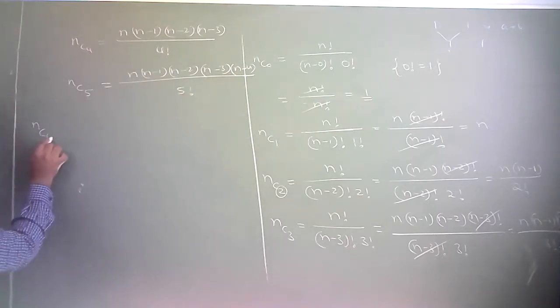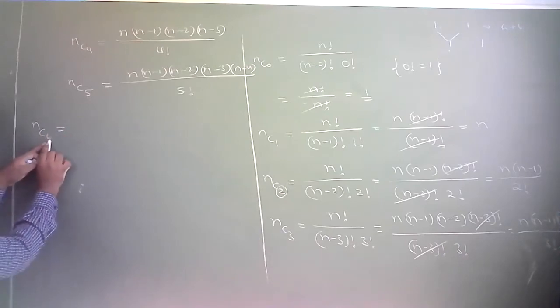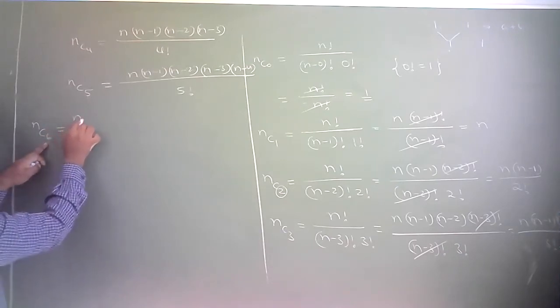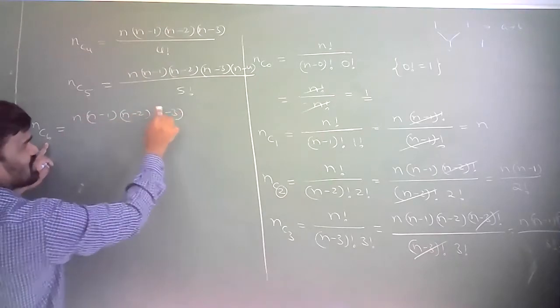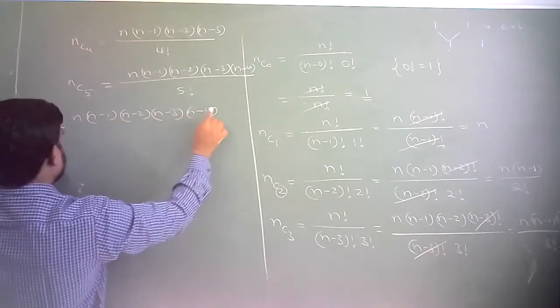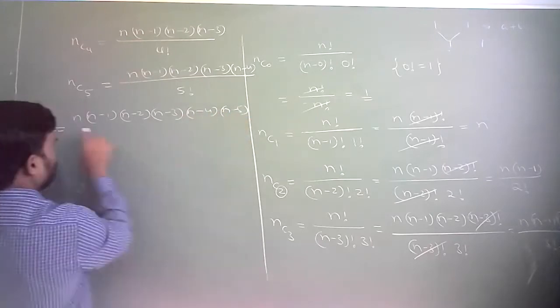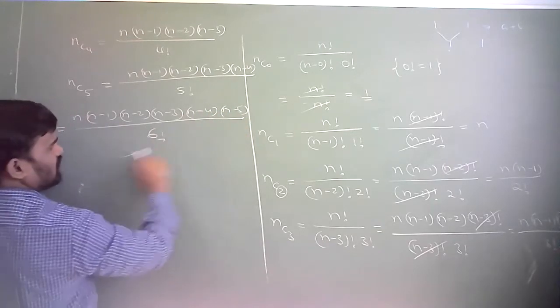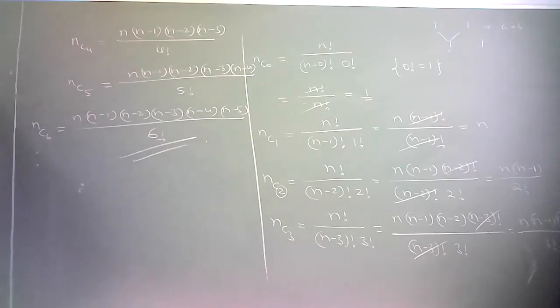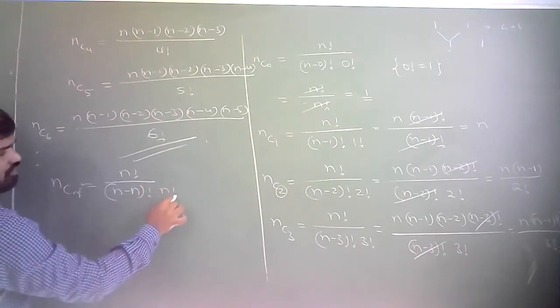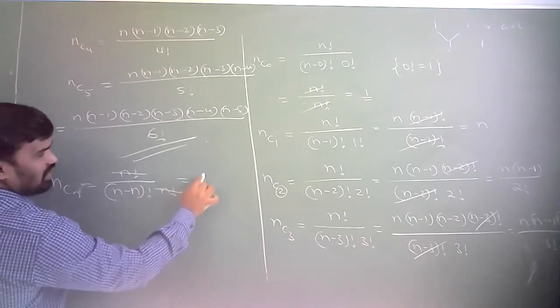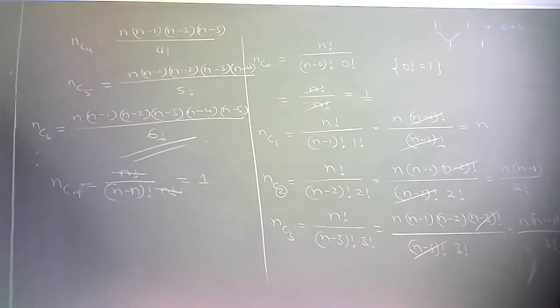Now, if I want NC6, it is 6, so 1 less than that: n into (n minus 1) into (n minus 2) into (n minus 3) into (n minus 4) into (n minus 5) by 6 factorial. That one is done. Similarly, NCn equals n factorial by (n minus n) factorial into n factorial. These two cancel. Again its value is 1.